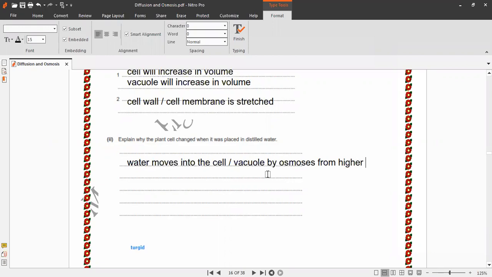From the cell, the higher water potential to the lower water potential through what?